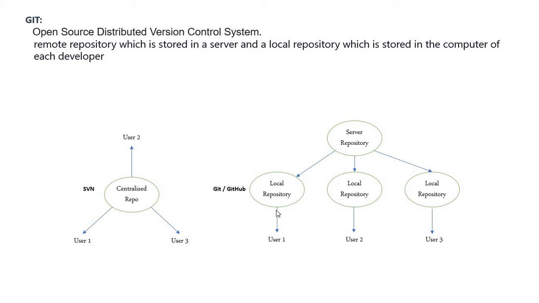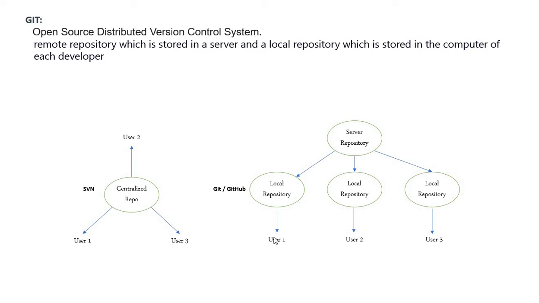From that repository, he needs to clone and get a copy in his local machine, and he will be working on that. So each user will have his own repository and his own copy.